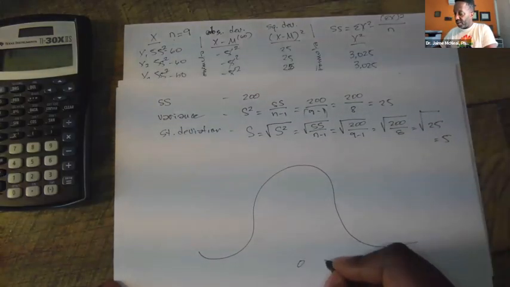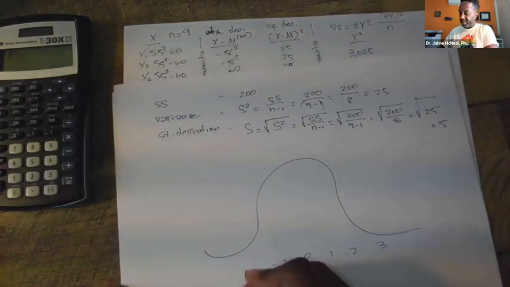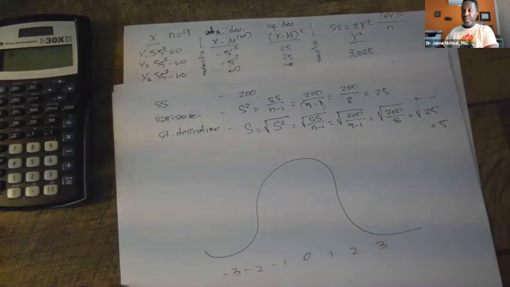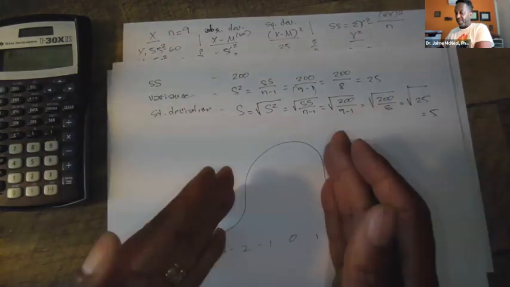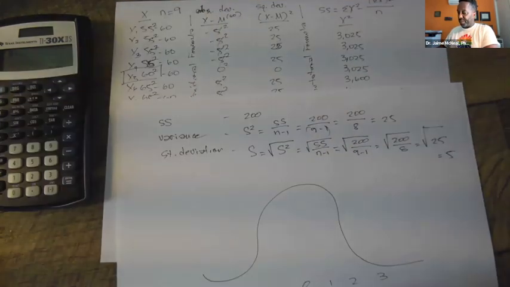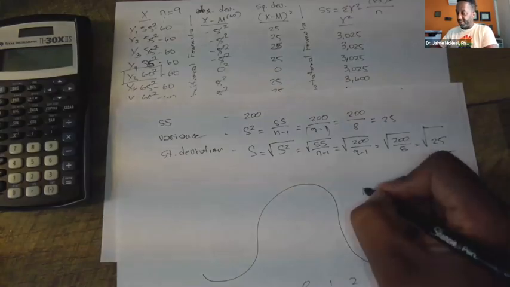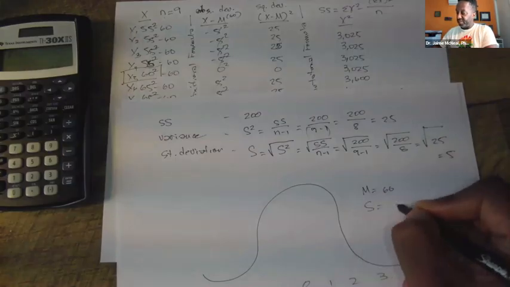Curve is 0, 1, 2, 3 standard deviations, -1, -2, -3. We know that a normally distributed curve is denser in the middle and less dense in the tails. We also know that 0 is the mean. We know the mean to be 60.